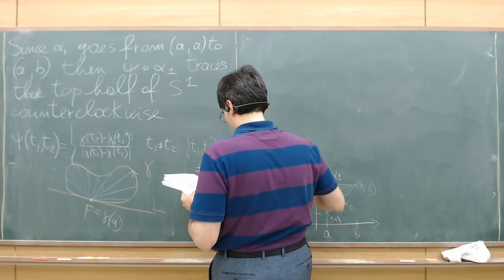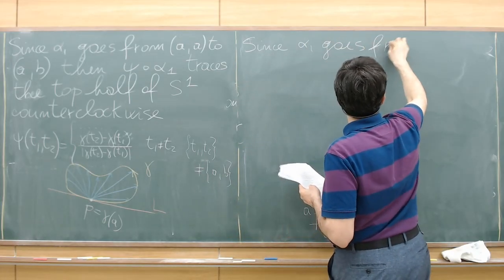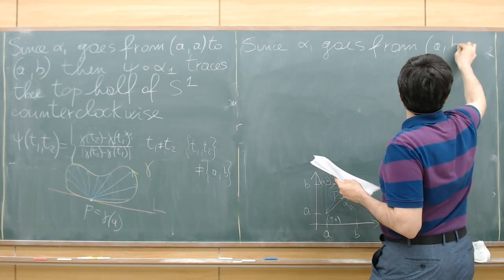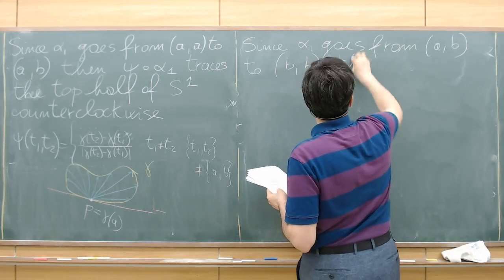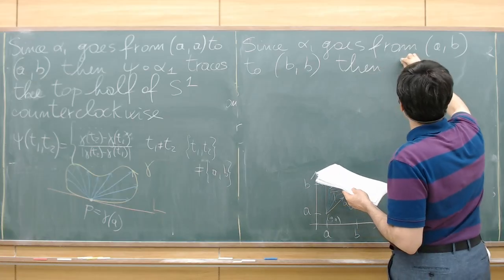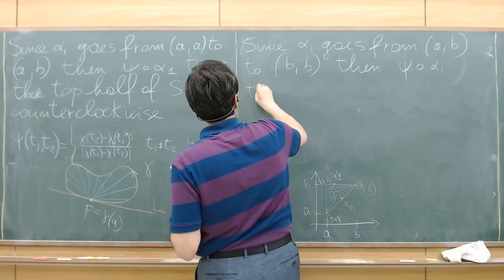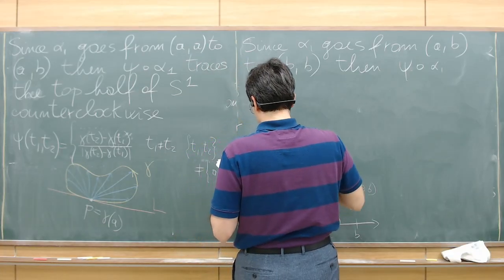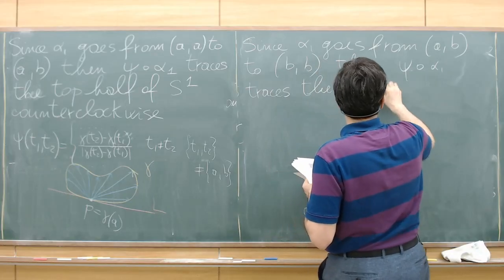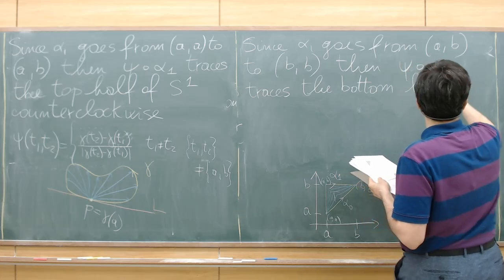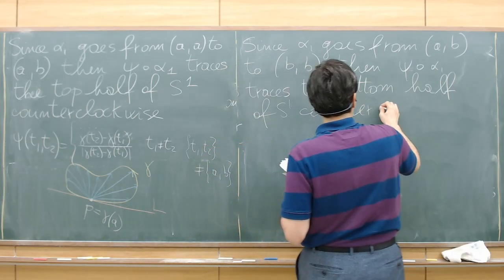Since alpha 1 goes from AB to BB, then psi composed alpha 1 traces the bottom half of S1 counterclockwise.